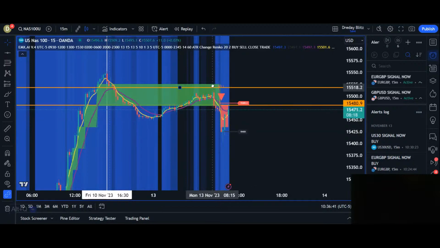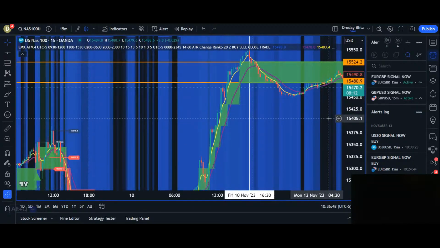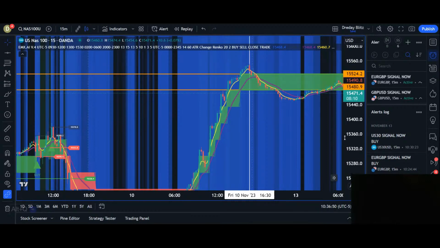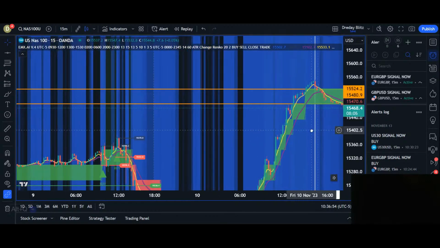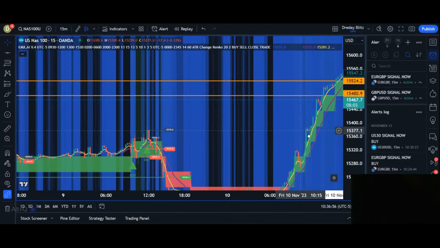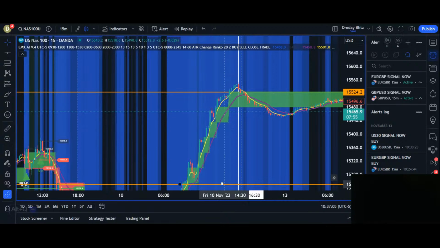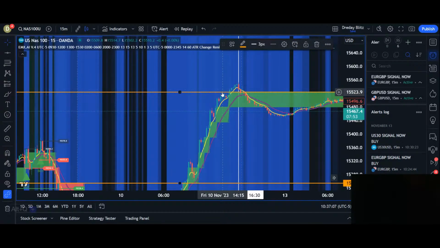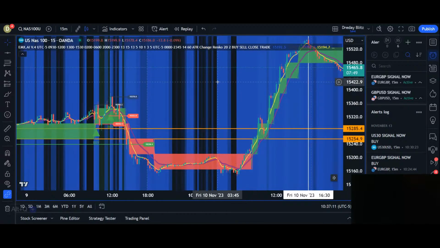Okay? Because if you go back on the previous Renkos, the Renko before this one was this one, right? So let's assume that we never saw that move. We're just going to drop down here to explain everything.